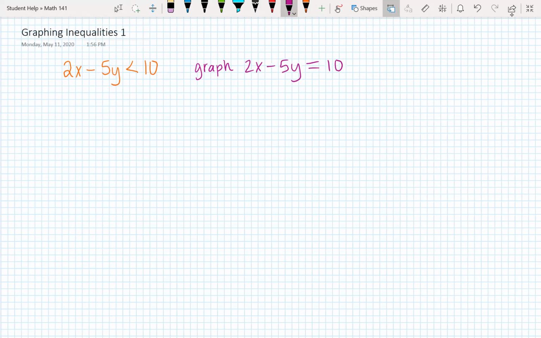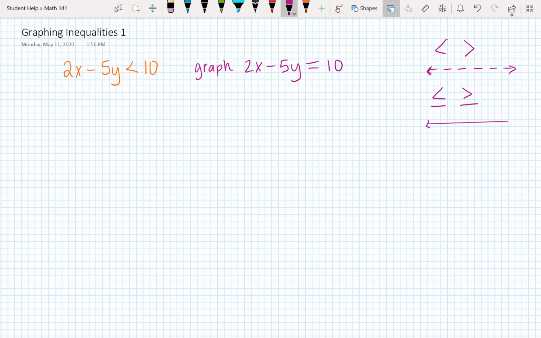Now, one thing that you might remember is that if we have a strict inequality, such as this or this, then we're going to have a dashed line because where the line falls is not included in the solution. And if we have an inequality that includes equals, then we'll have a solid line. We'll have a couple examples of each of these in this video.